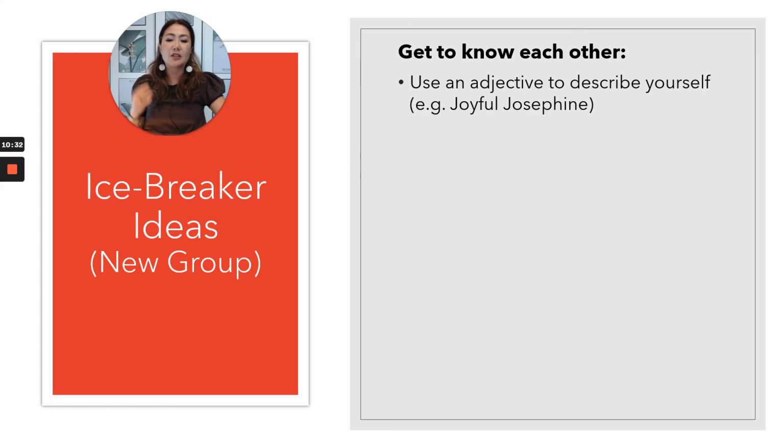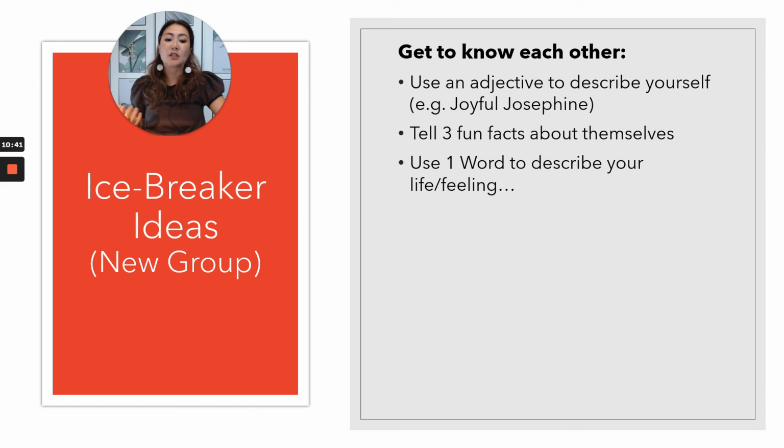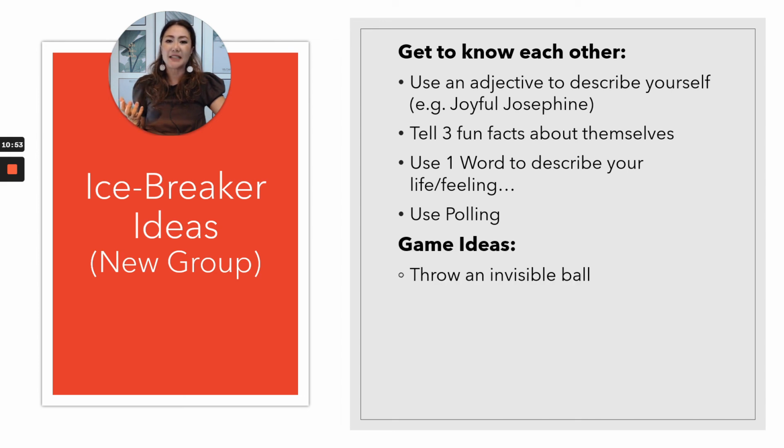So something that you can do, a quick one, maybe use an adjective to describe yourself, like Joyful Josephine. Tell 3 fun facts about themselves. Use one word to describe your life or feeling right now, so you can get a taste of where everybody's at. Use polling in the Zoom meeting setting. Or other game ideas: throw an invisible ball.